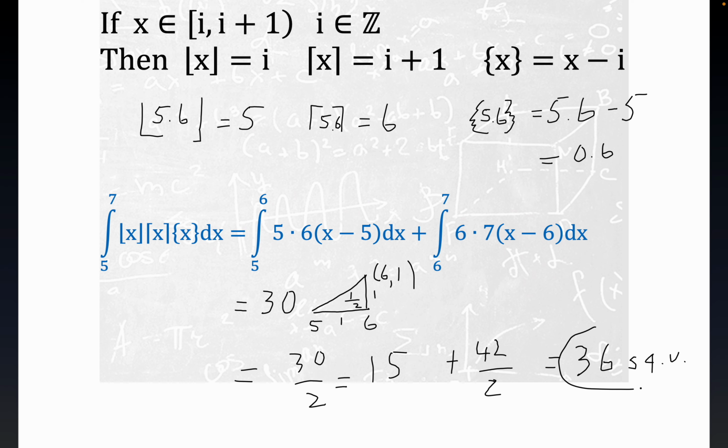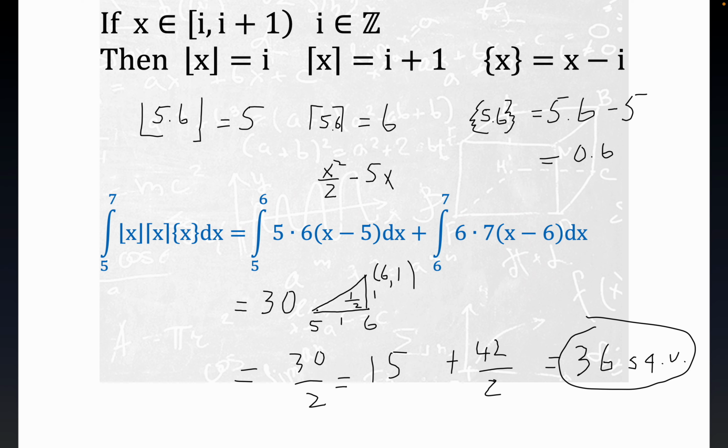And again, there was no need to find the antiderivative, even though it's easy. The antiderivative of x minus 5 is x squared over 2 minus 5x. But that's a little bit too much work when you have this very clear interpretation of a constant times the area of a triangle.